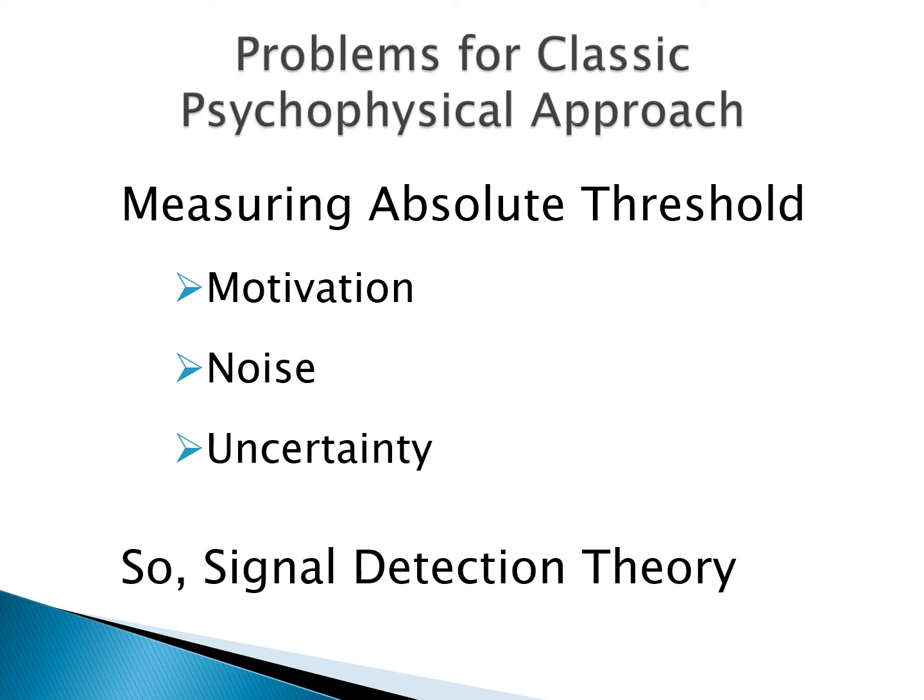And because there is this uncertainty and these differences in motivation and this noise, sometimes if we're looking at an individual, and we do use these same kinds of methods for measuring now for hearing tests, we have to realize all of these problems with that kind of classic psychophysical approach. So signal detection theory was introduced, if I remember correctly, in the mid-1940s.